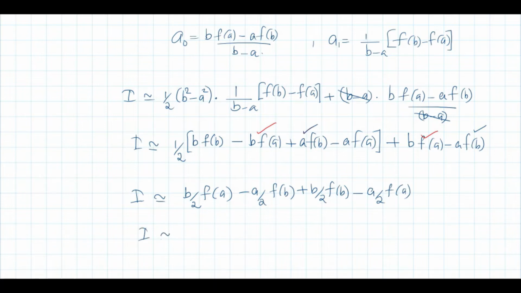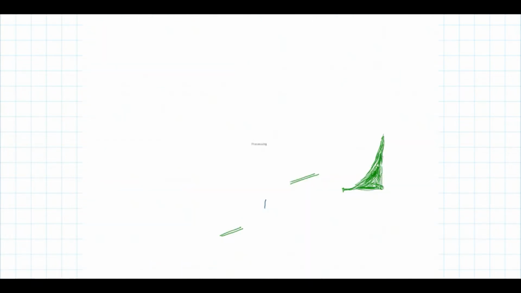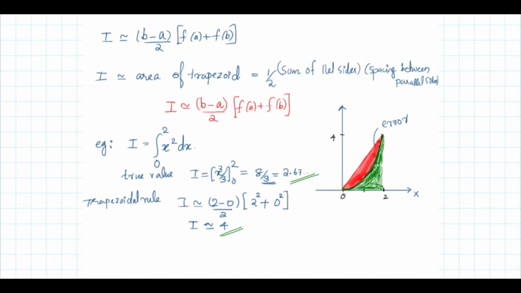Therefore, I is approximately equal to (b minus a) by 2 into f(a) plus (b minus a) by 2 into f(b). That is, it is approximately (b minus a) by 2 into (f(a) plus f(b)). This is the answer for the integral: I is approximately equal to (b minus a) by 2 times (f(a) plus f(b)).